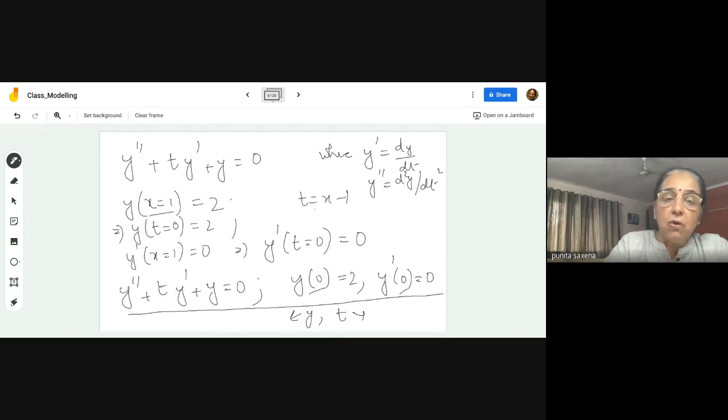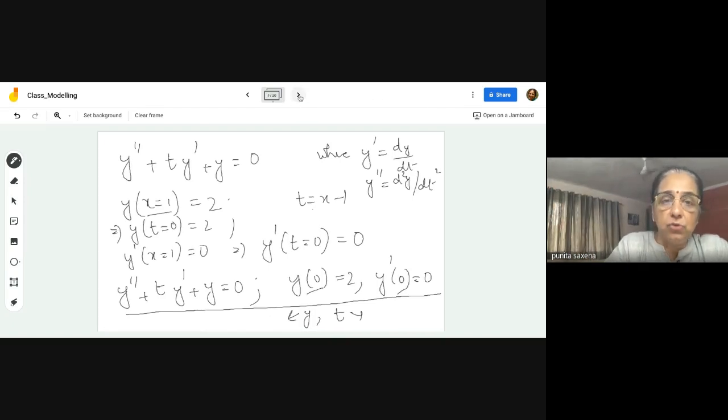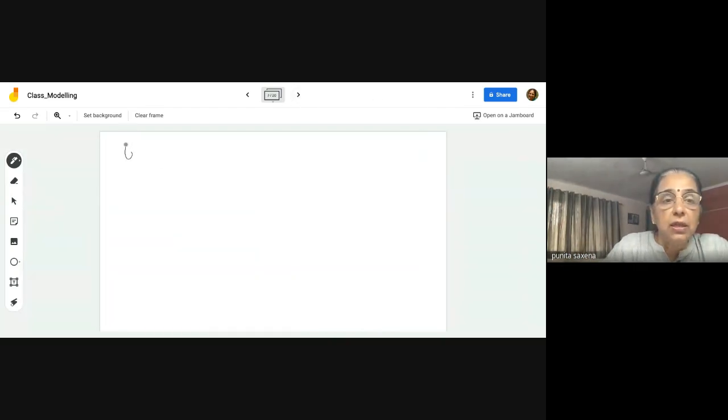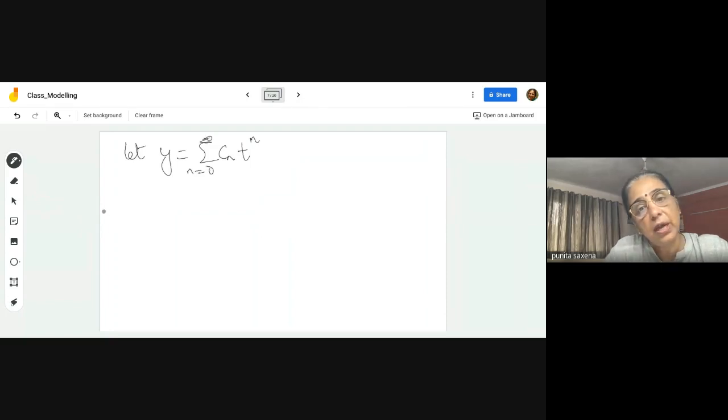So the power series solution that we are going to start with will be the sum of Cn t to the power n, and not x, because we are finding the series solution in terms of the translated variable t. With this as y, the remaining procedure remains the same.